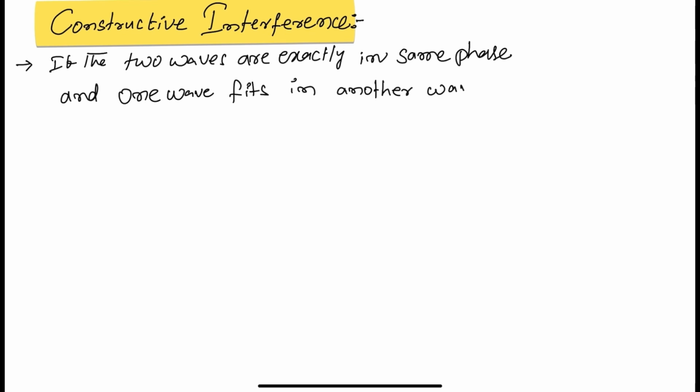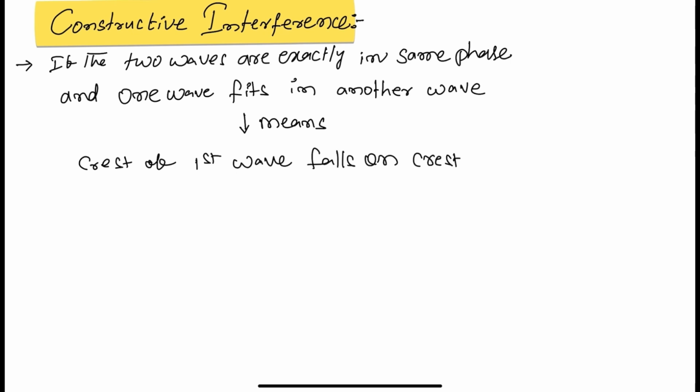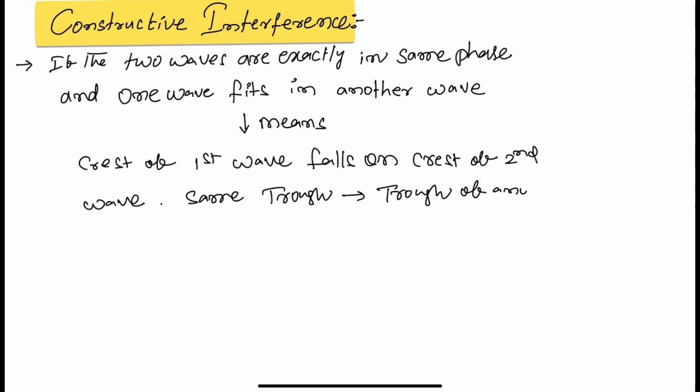This means the crest of the first wave falls on the crest of the second wave, and the trough of one wave falls on the trough of another wave.